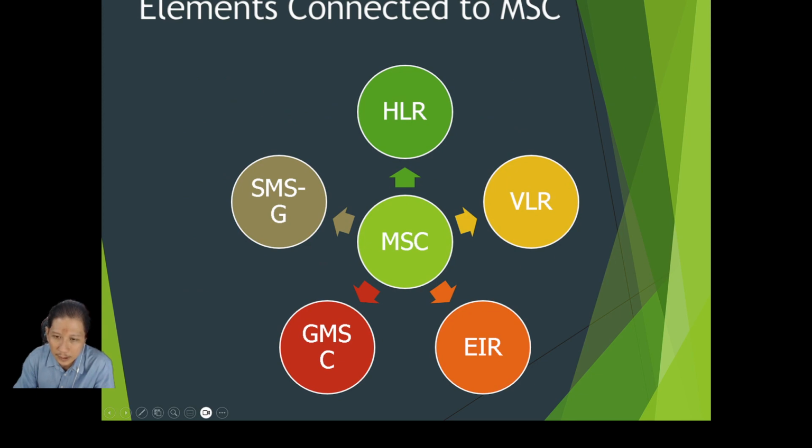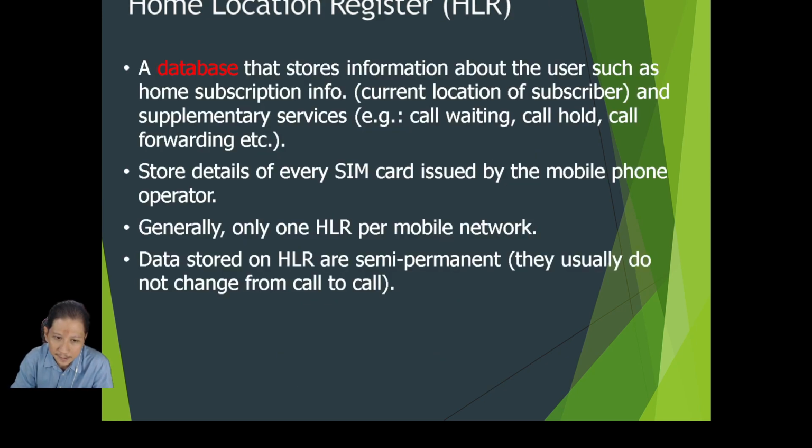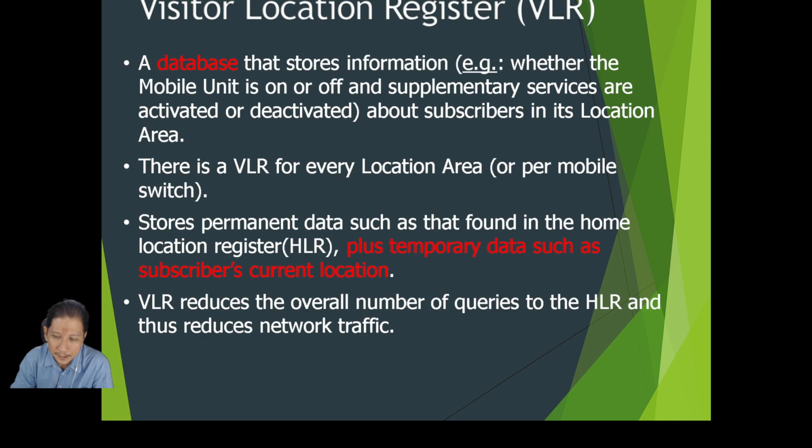For the visitor, if we go to another place, for example if we want to do roaming, say from here in Tanjung Malim to Thailand, we go through the VLR, visitor location register. It is per mobile switch, plus temporary data such as the subscriber's current location.